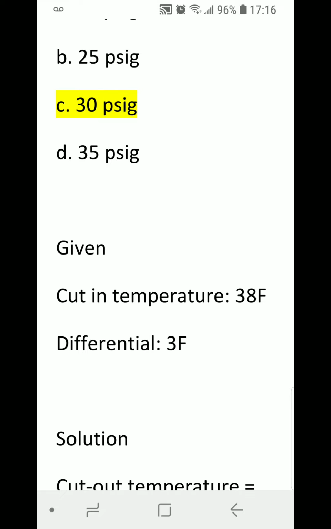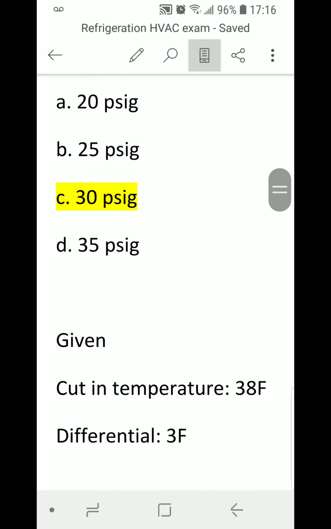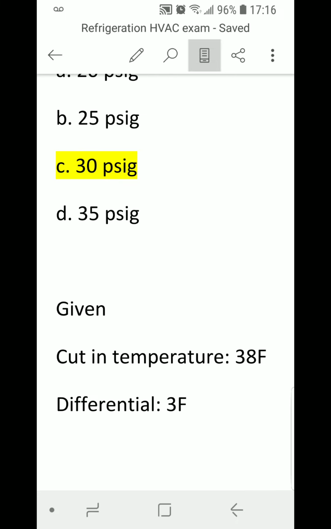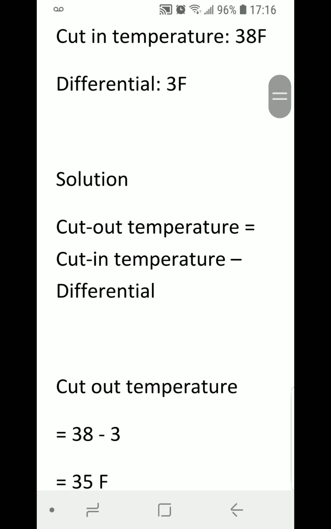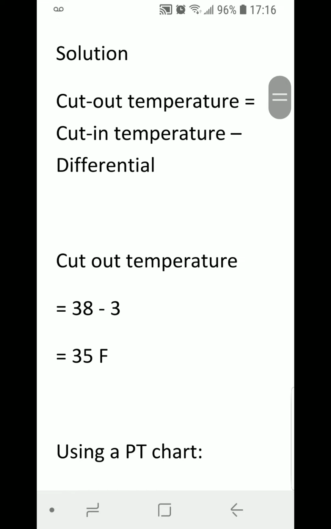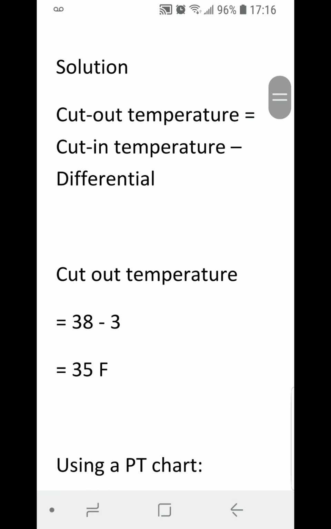So the given, we have a cut-in temperature of 38 Fahrenheit and a differential of 3 Fahrenheit. The solution is to determine the cutout temperature by subtracting the differential from the cut-in temperature.